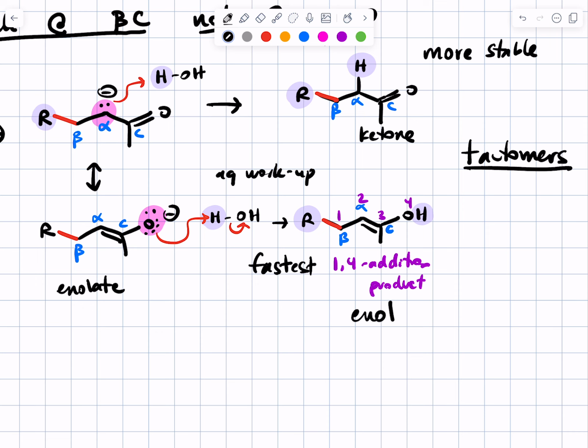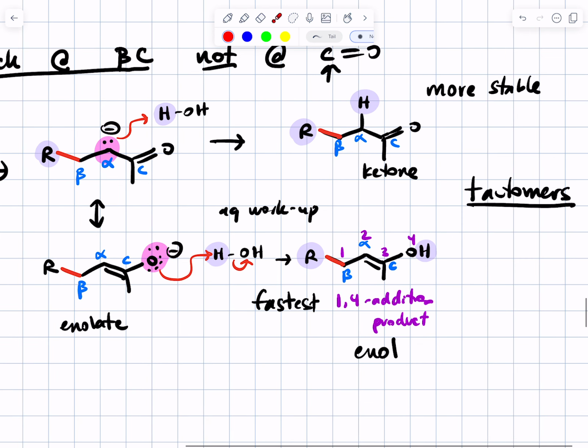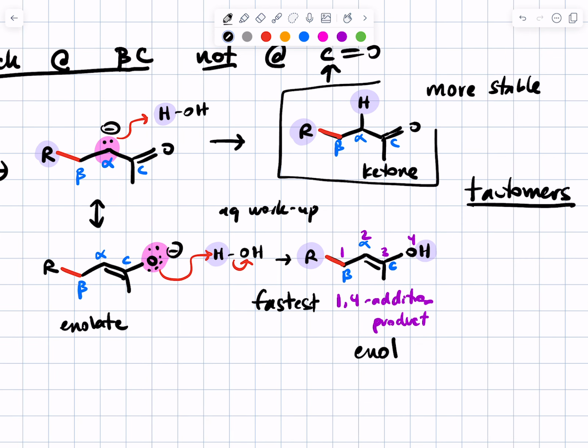This is why we call this reaction a 1,4 addition reaction, even though the ketone is the correct final product. If you looked at the ketone, you'd say, how on earth is that a 1,4 addition product? It's 1,2, the R group is on the adjacent carbon as the proton. And the answer is, you've got to remember that the enol happens first, okay?